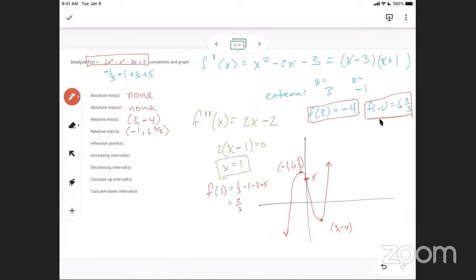Because these are -4 together, plus 5 is +1. Oh, sorry. It's not a -1/3. No, you were right. It's 1 1/3 or 4/3. So your point is going to be 1 comma 1 1/3. That's going to be your inflection point. 1 comma 1 1/3.